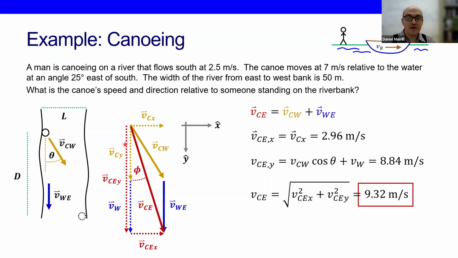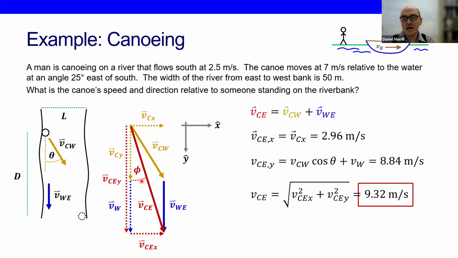And then to figure out the angle, the direction they're moving, I did the direction east of south, just like the first velocity vector was given. I've labeled that phi. To calculate what phi is, tangent of phi is opposite over adjacent.